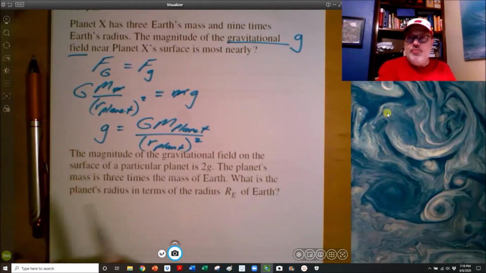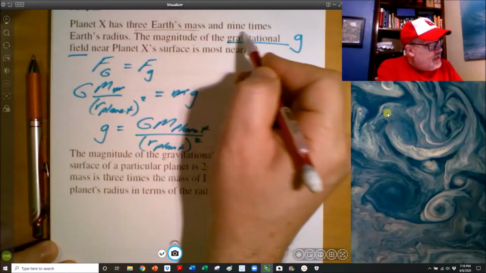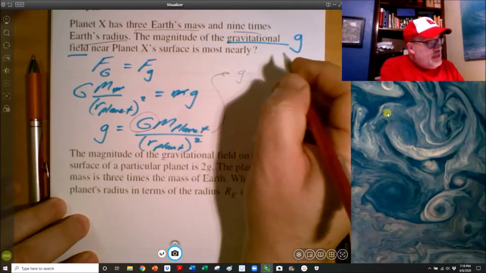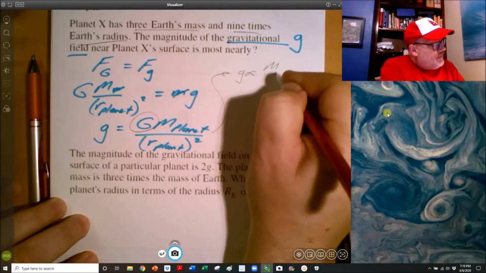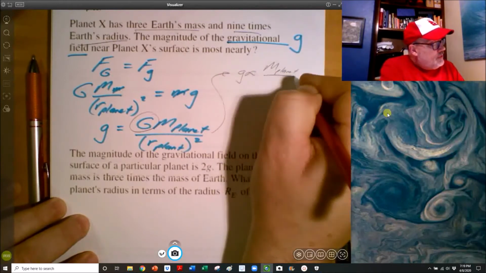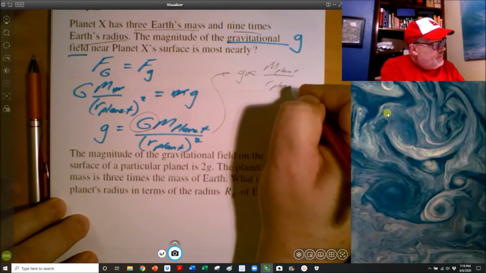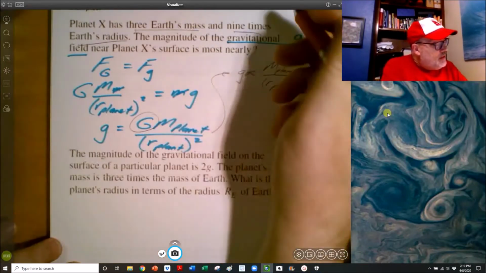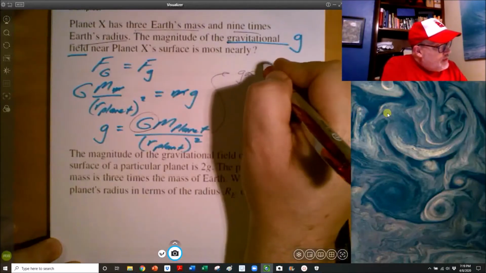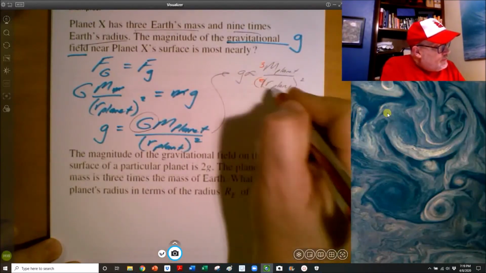All right? So what's going on with our particular planet? What's changing? We're changing the mass and we're changing the radius. Little g, gravitational field, is proportional to the mass of the planet divided by the radius of the planet squared. Now what are we doing? We're making the mass 3 times bigger and the radius 9 times bigger, but that's squared.